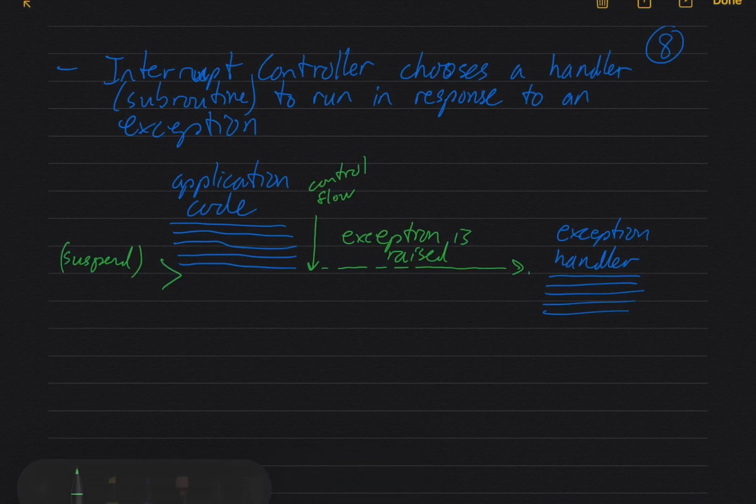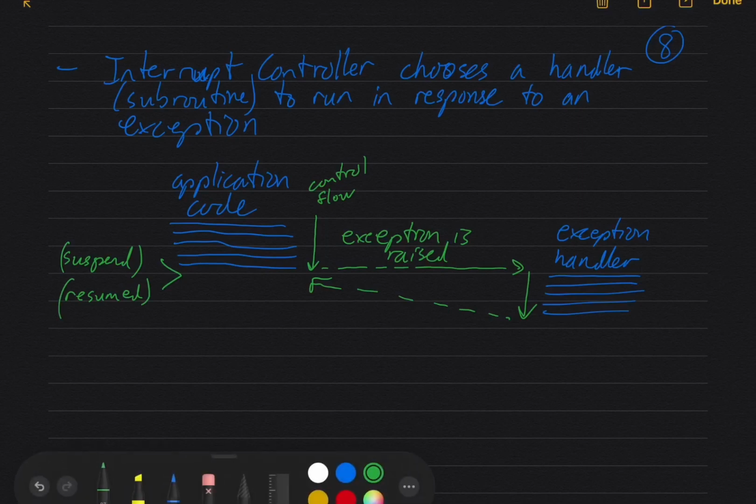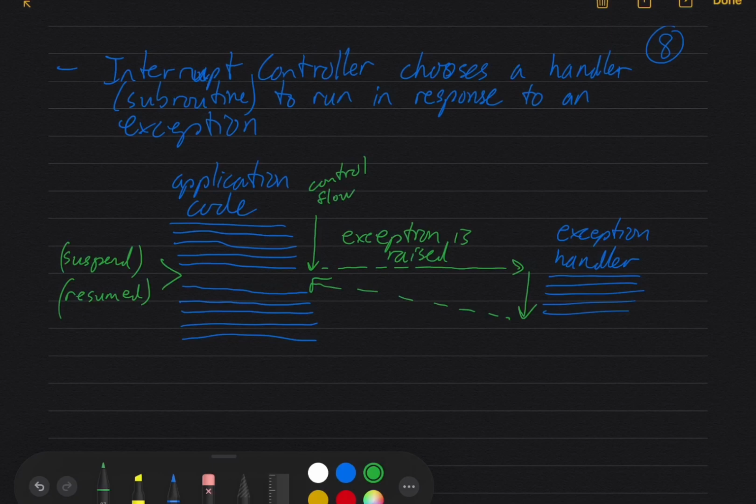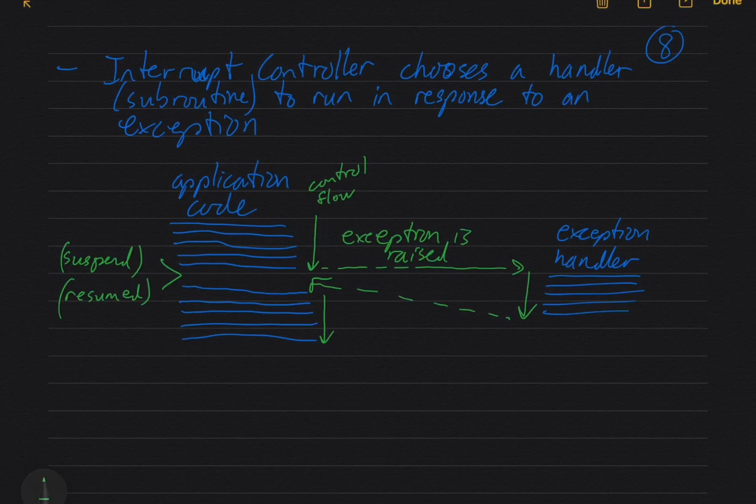And so the program flow continues this way. When the exception handler returns, we go back over here to the application code and it is going to get resumed wherever it left off, so at the next instruction. What's neat about this is the application code is unaware that it was suspended. It's done in a seamless way, so none of its variables or stack change, anything like that.